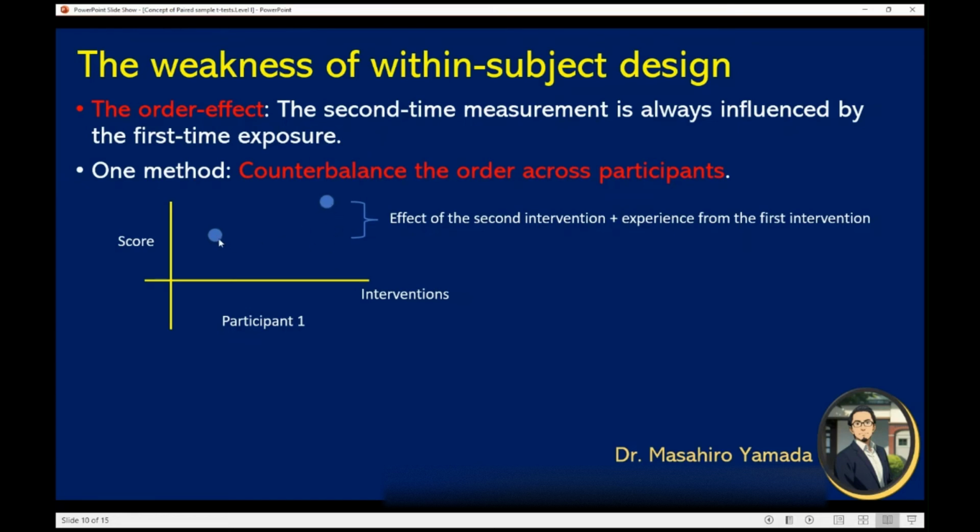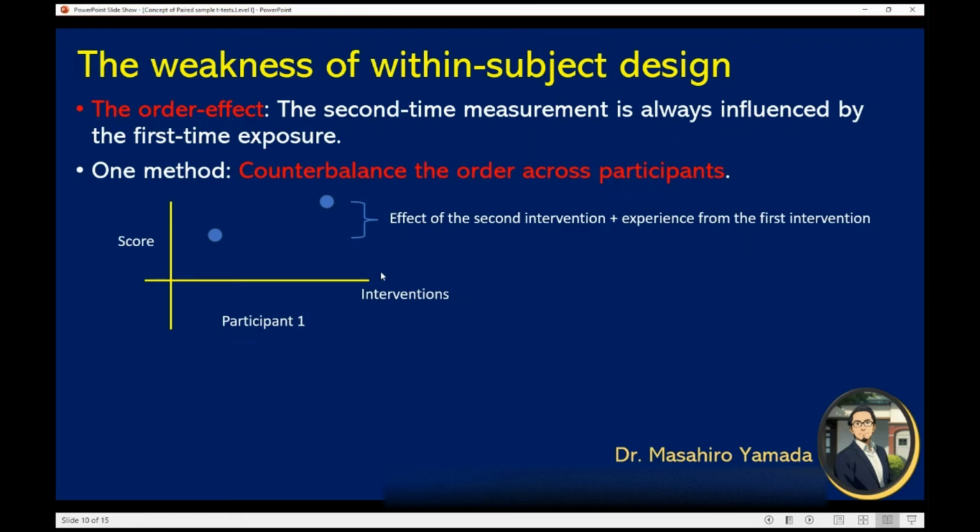You could potentially conclude that condition 2 is better than condition 1, but it could be just because this data was measured the second time, and so the participants may just get better. But in fact, there is no actual effect of the interventions. This is the biggest weakness of this study design.